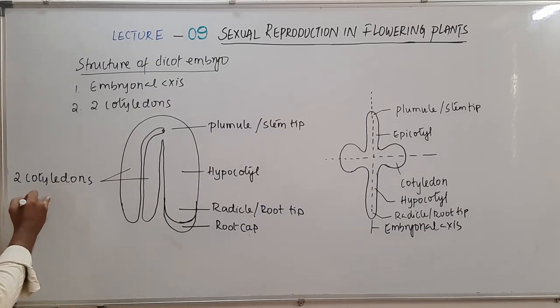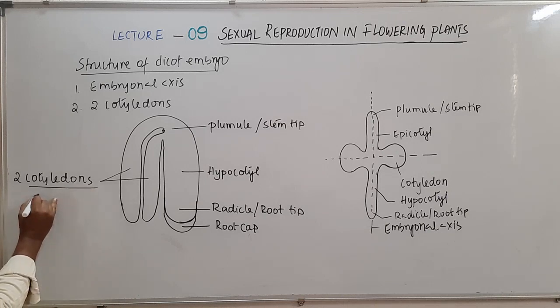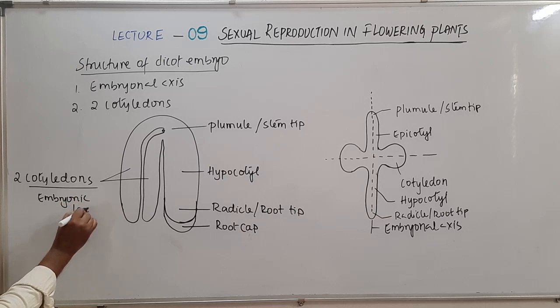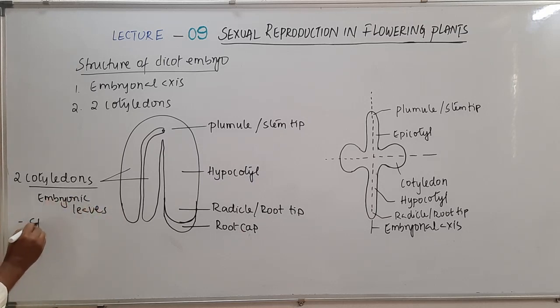Here is a small piece of information on these cotyledons too. These cotyledons, I can call them embryonic leaves, and they store food materials.